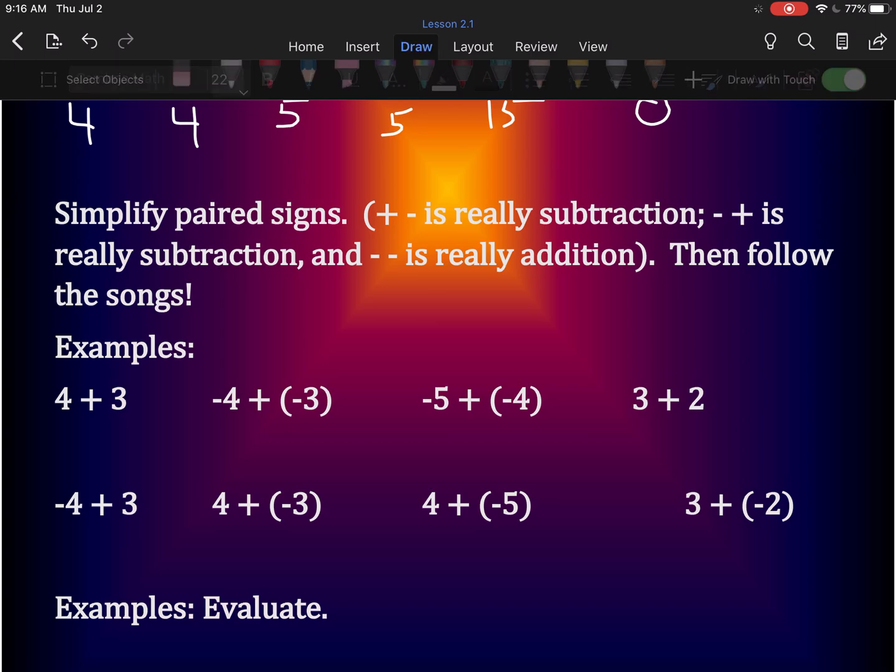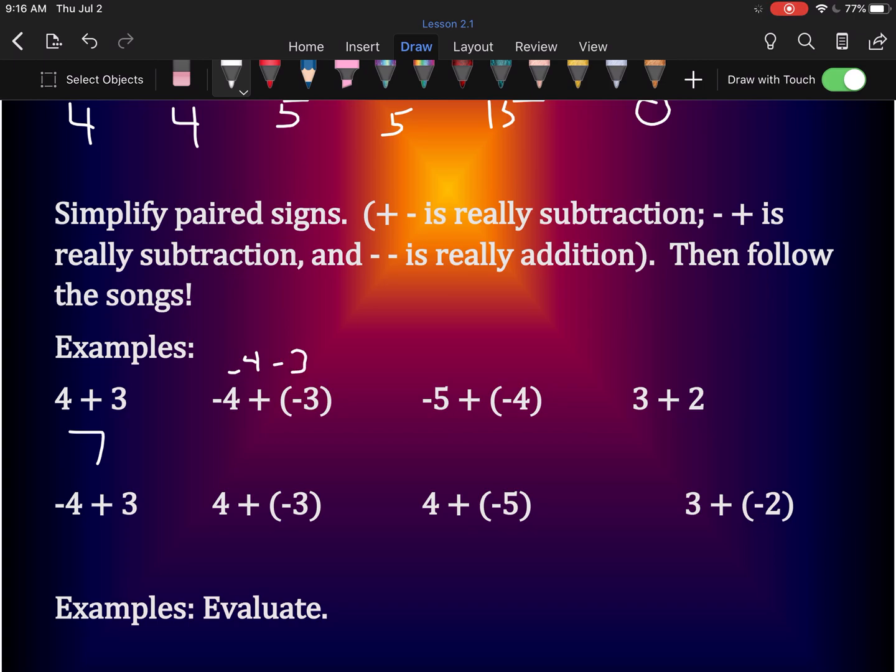So, here's how we do this. Each of these problems is made up of two numbers. And the first problem is 4 plus 3. Okay, that's like stupid simple, it's 7. Don't overcomplicate. The next problem says negative 4 plus negative 3. I don't like to have signs back to back, so plus negative is a problem for me. So we're going to rewrite that as negative 4 minus 3.